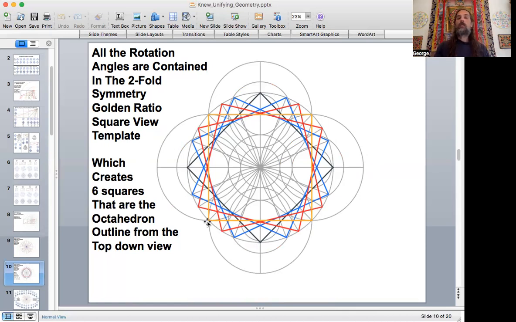And then, of course, this is the 45-degree mark, and that's the edge view of the octahedron. So that's a twofold pattern. So we really have three twofold patterns that show up, and two of the fivefold and two of the threefold.